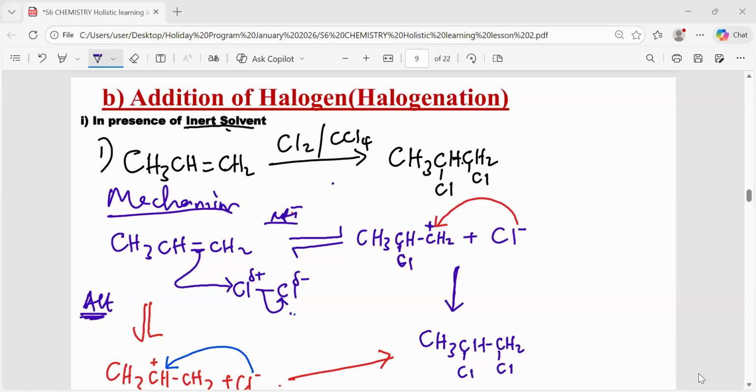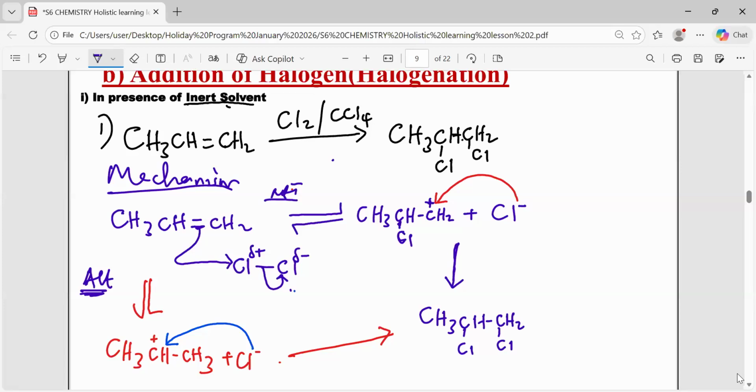But the question is, what if you use the one the examiner doesn't know? So it's better we use the one which is common to each and every one. Carbon tetrachloride is one of the common inert solvents, which is why today we said let's use that one. Okay, I get you, sir.